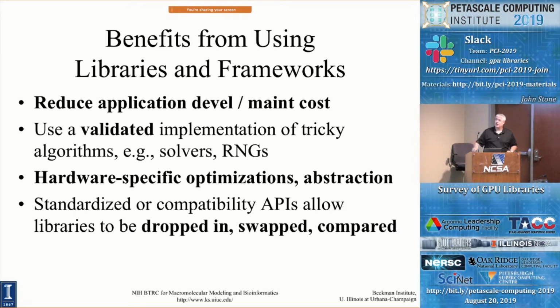Another reason to use a library is some algorithms are a lot more tricky than they look like they are. One of my favorite examples of that is random number generators. I don't know if you know much about the history of random number generators, but this is so tricky to the average person that there have been random number generators widely distributed as part of standard math libraries that were basically wrong for decades. And people didn't realize this, and it harmed the results of large-scale Monte Carlo simulations.